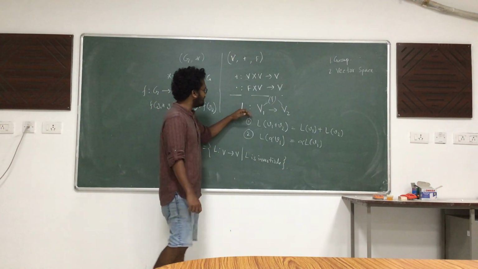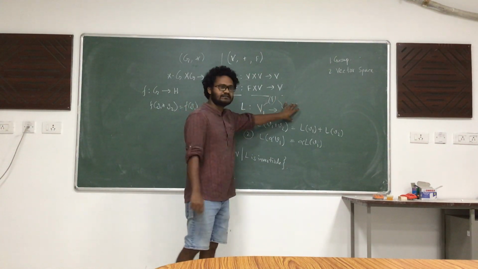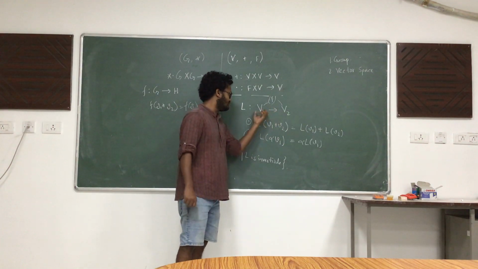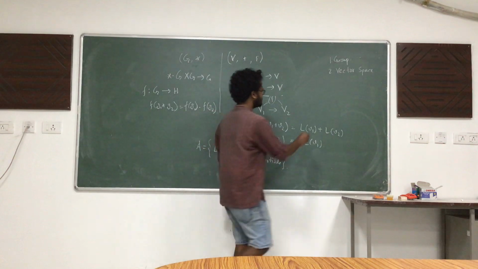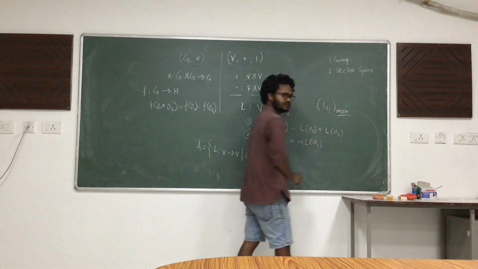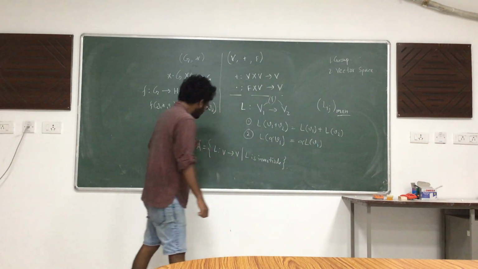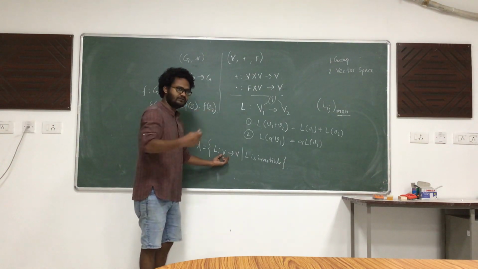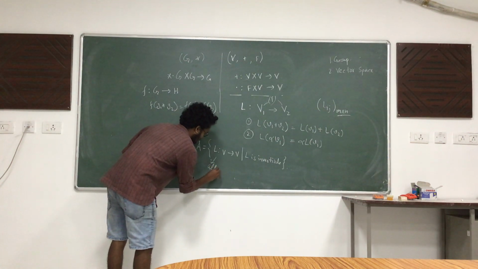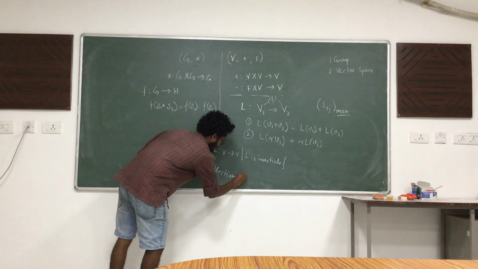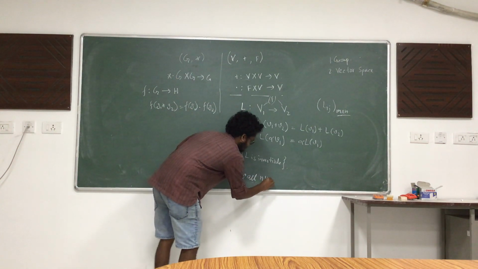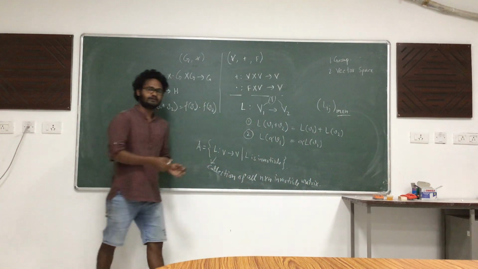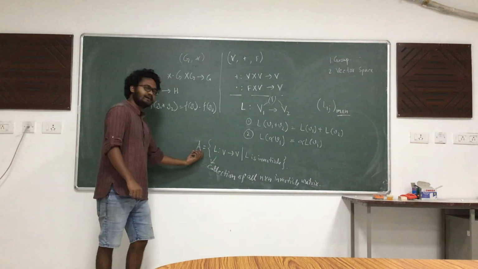As we saw earlier, any linear transformation in the finite dimensional case can be represented as a matrix once we choose a basis, an M cross N matrix. So if we consider a finite dimensional vector space and choose a basis, then A is basically the collection of all N cross N invertible matrices. So let us take this set.